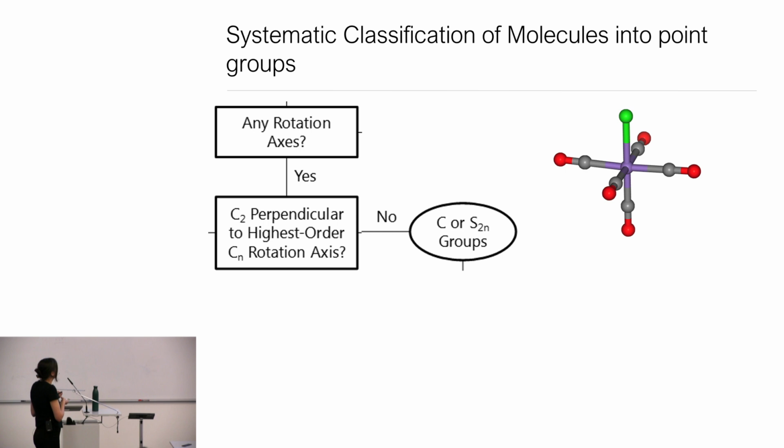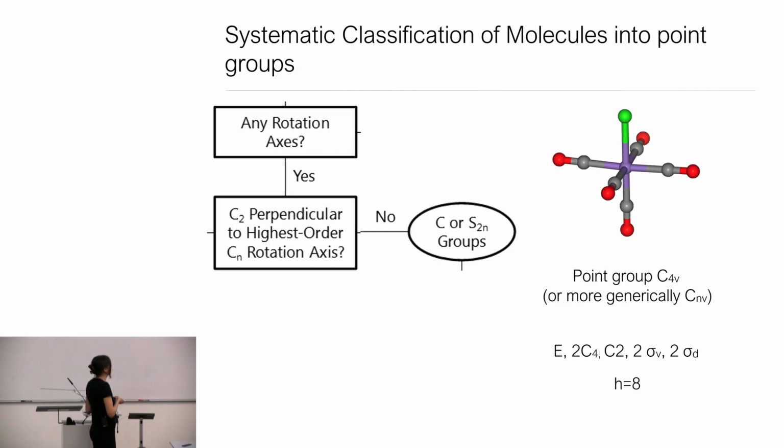After this, if the answer is no, we're looking at either C groups or S2N groups, outside of the higher symmetry D groups. For instance, this is an example of C4V, and you can see that because I've replaced this axial CO with a chloride, I've actually lost my perpendicular twofold axis of rotation.